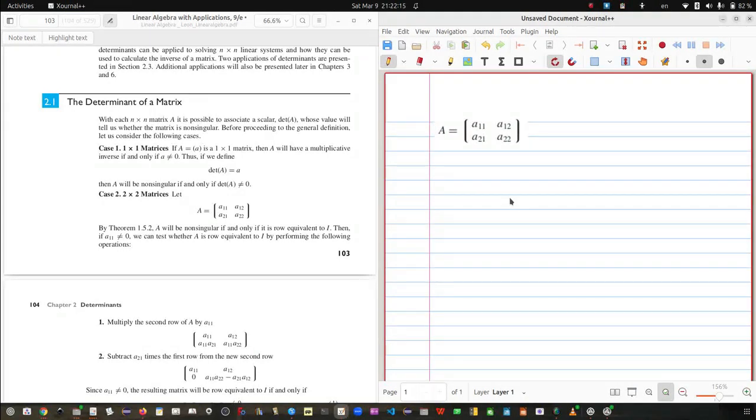column numbers. So as one can see, the top row is the first row, and the bottom one is the second row. So it is 1 and 2. The first subscript refers to the row number. That's why this is the first row, and this is the second row. Then it will go to the right. Other elements of the row are referred to by the column number, so it's like 1 and 2.